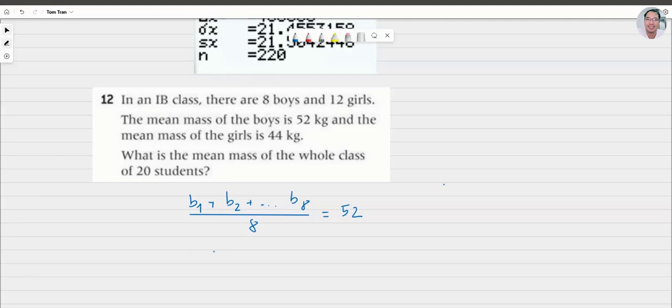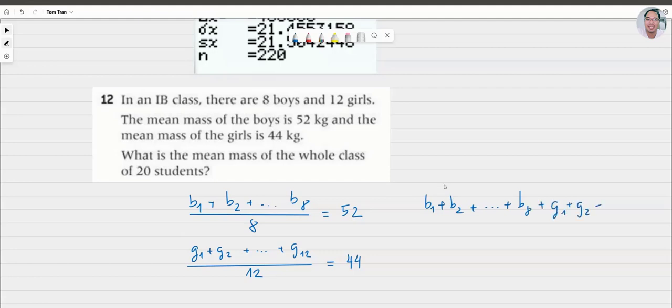The mean weight of the girls, G1, G2, up to G12, over 12, is 44. And the mean of the whole class is B1 plus B2, etc., to B8, added with girl 1, girl 2, etc., to girl 12, and then divided by 20.